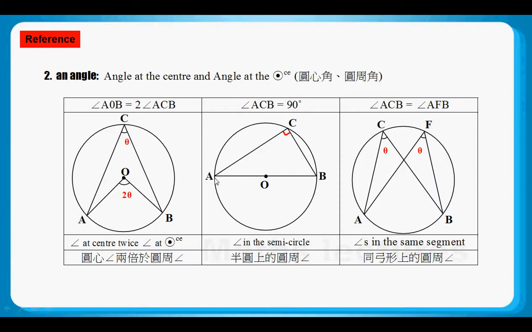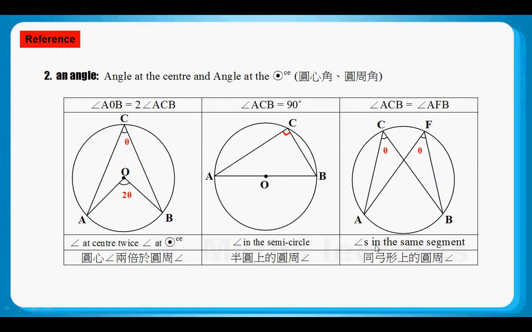Now you can see A to B shoot out two radii, and there are two chords from AB too. Now we have two radii and two chords, and radii AO and OB, they are 180 degrees. If they are 180 degrees, two radii will become our diameter, and if we have diameter, then we have semicircle. Because the angle at the center is 180 degrees, then the angle at the circumference is 90 degrees.